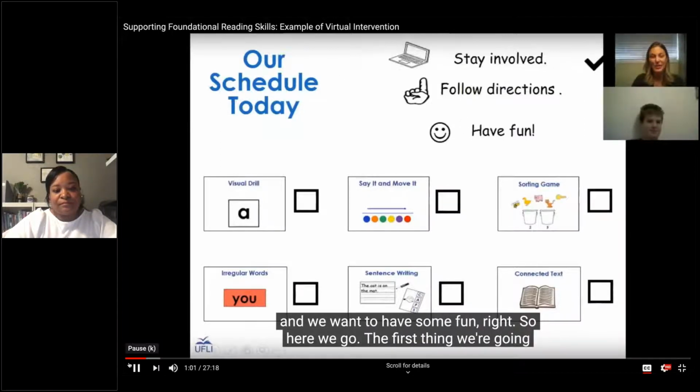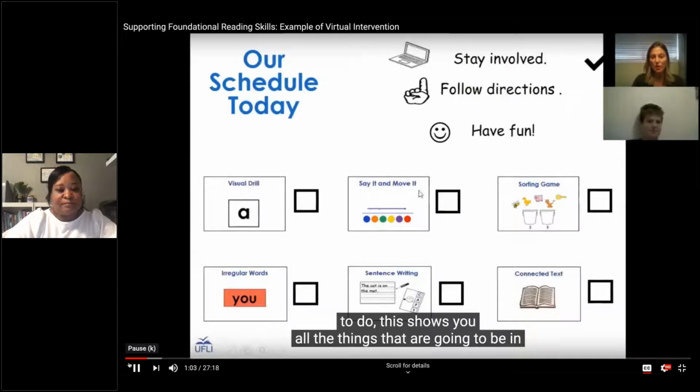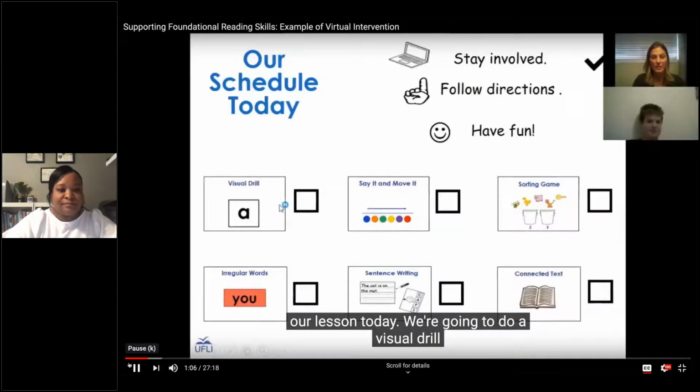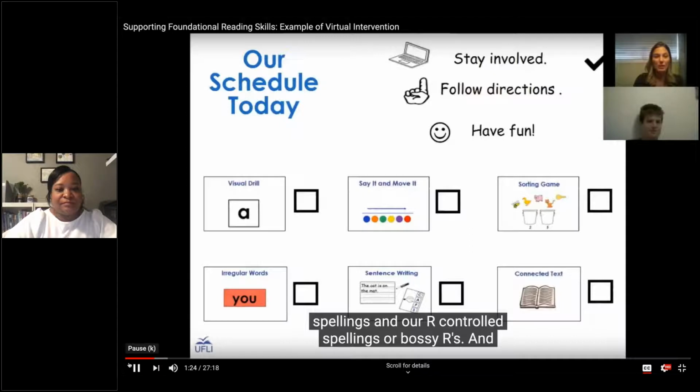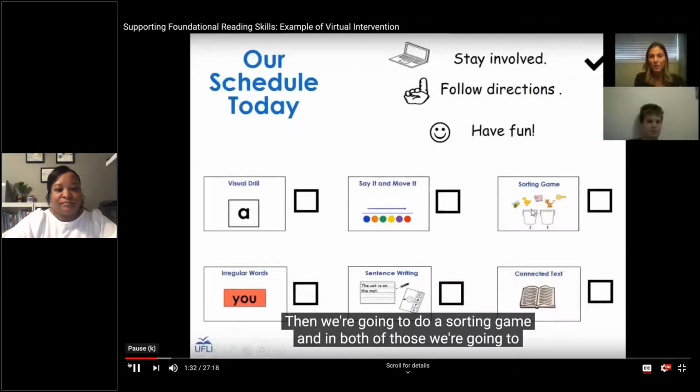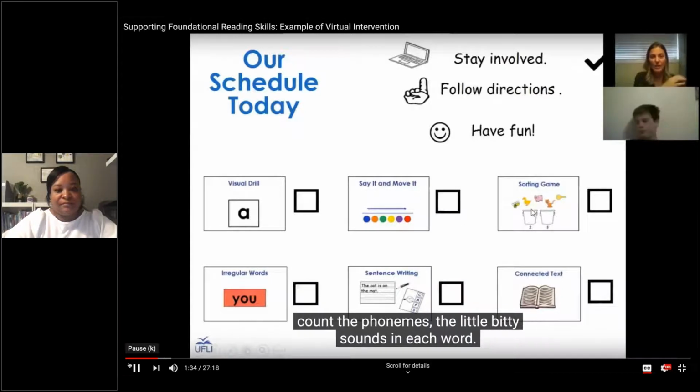So here we go. The first thing we're going to do, this shows you all the things that are going to be in our lesson today. We're going to do a visual drill, and you know what that is, where we just flash the different spellings and you say the sounds that those spellings make. And today on that we're going to be working on digraph spellings and our R-controlled spellings, our bossy R's. And then we're going to do the say it, move it game. Then we're going to do the sorting game. And in both of those, we're going to count the phonemes, the little bitty sounds in each word.